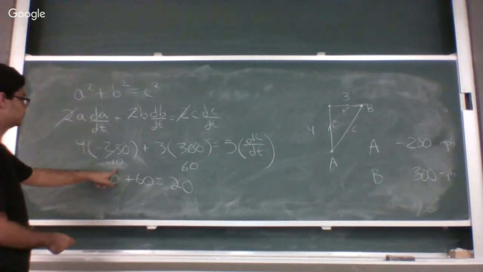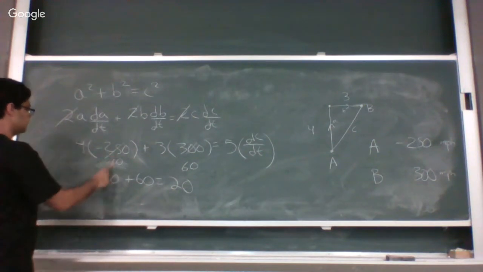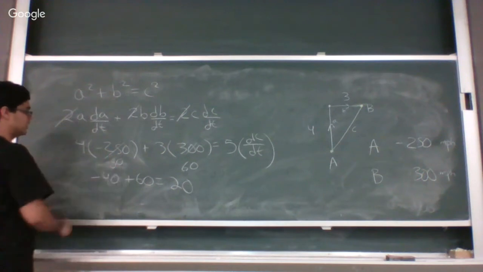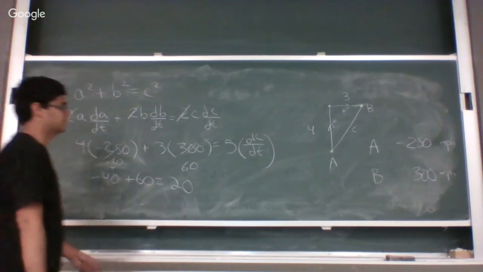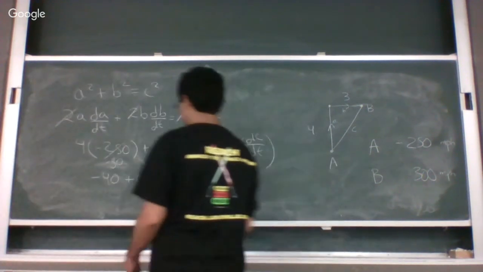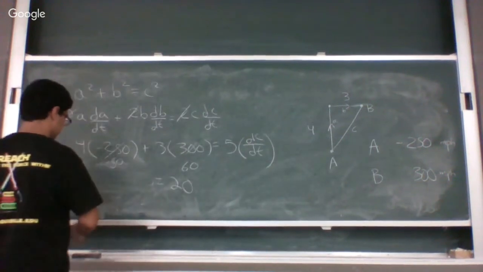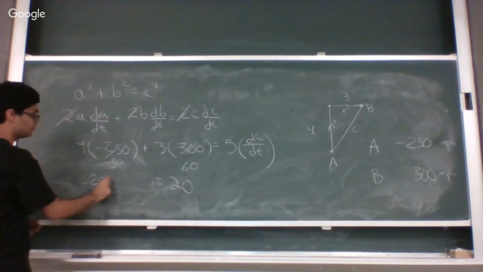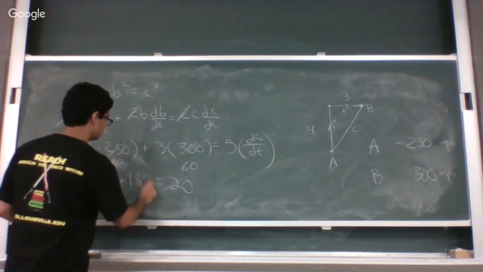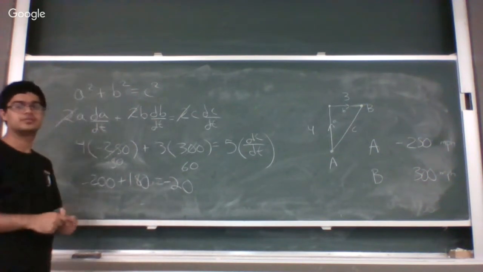This would be, and what did I do wrong? Oh, this would be negative 50. That's where I made a mistake. Negative 200 plus 180 equals negative 20.